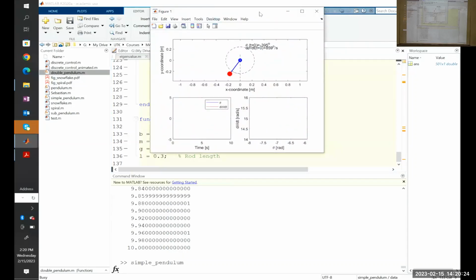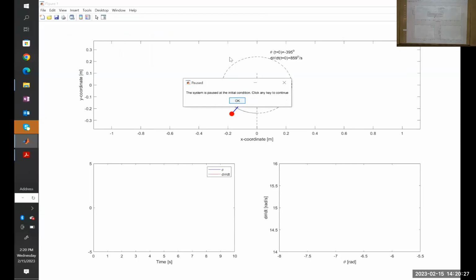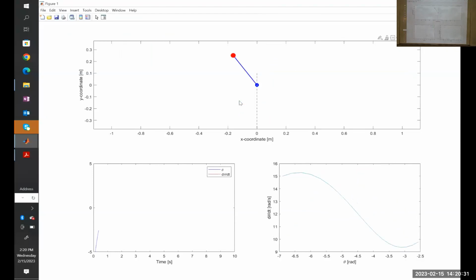So that's the same initial point, and this will be the behavior of the pendulum. 1, 2, 3, and 4.